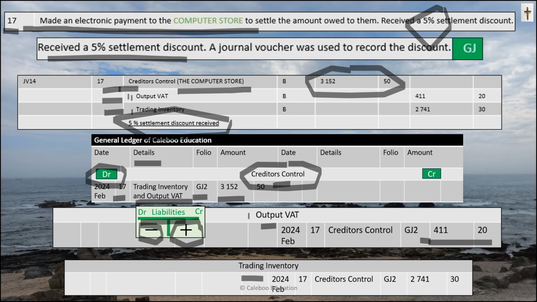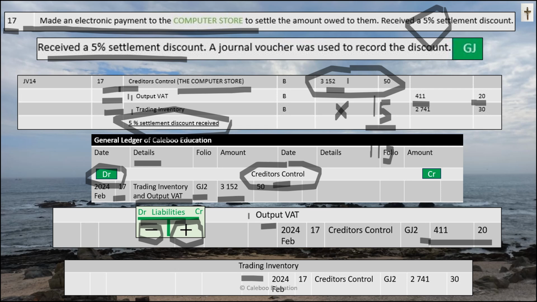Let me show you quickly how to get that 411.20. Remember, this amount here, the 5% discount that we are receiving, is the full amount including VAT. To get the VAT amount, we need to multiply by the VAT fraction, 15 over 115, and that will give us 411.20 cents.